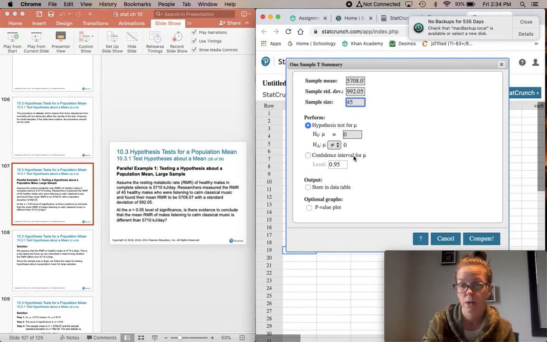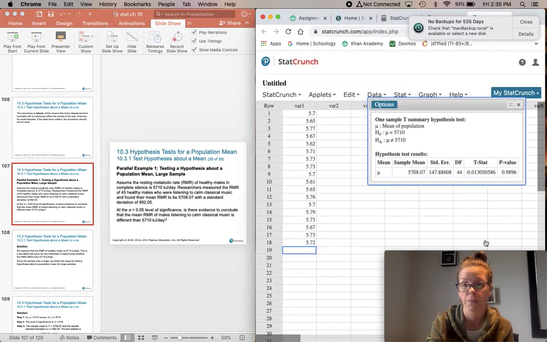In the last chapter, we did our confidence intervals, so you could still select that, but now we're talking about our hypothesis test. The hypothesis was that the mean was 5710, and now we are wondering if the mean is different than 5710. So on our options for our alternative hypothesis, we're going to choose not equal. They didn't make a guess about whether it was going to be higher or lower, just will it be different? So we're choosing the not equals. And we're going to hit compute.